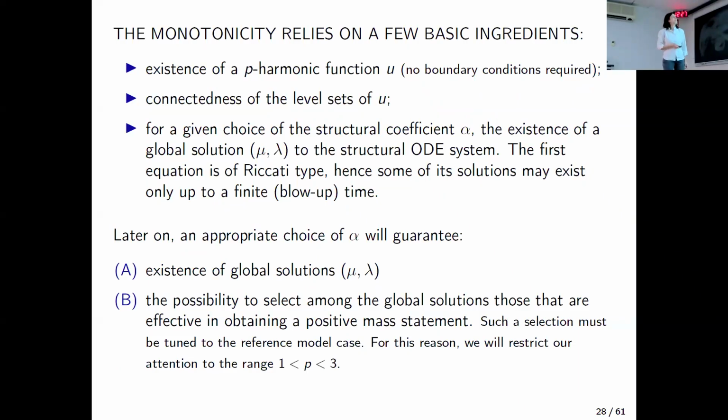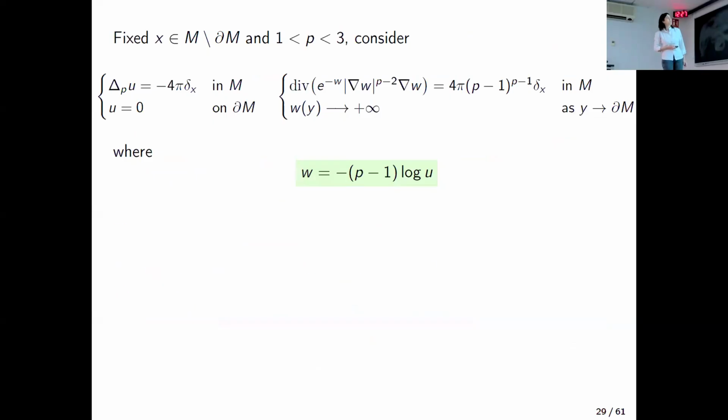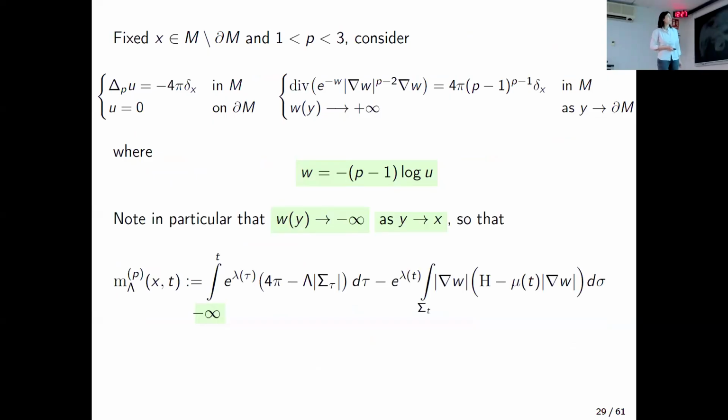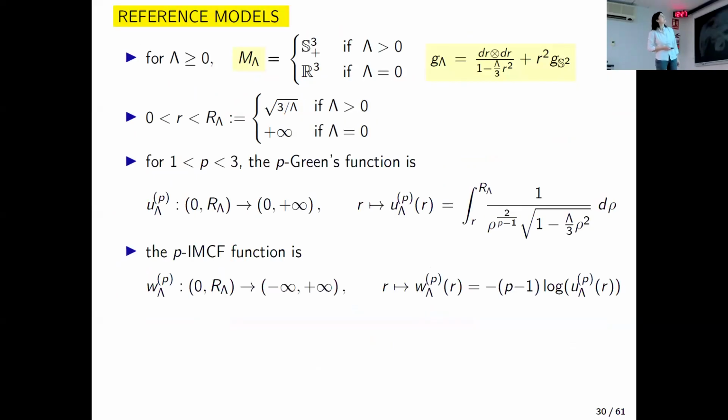In order to explain this, I think I don't have any more time, but just quickly, this is the derivation of the quantity we are interested in, in the model case.